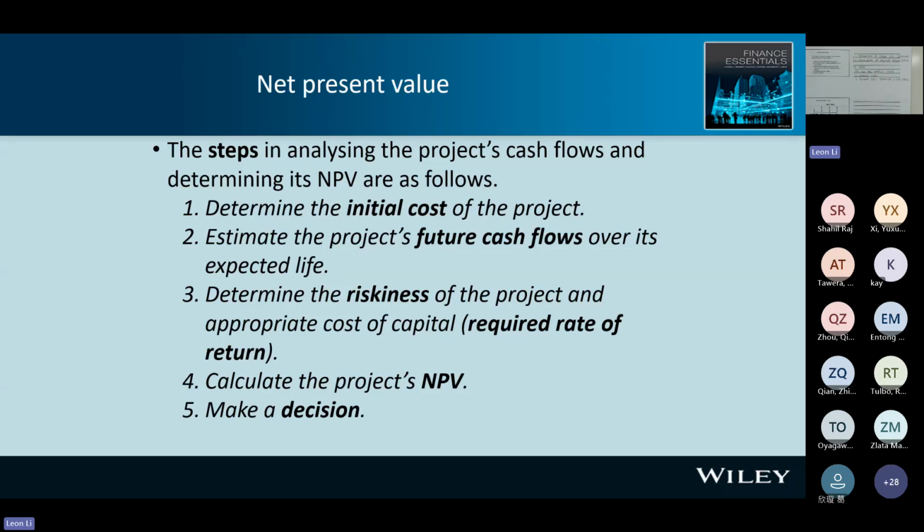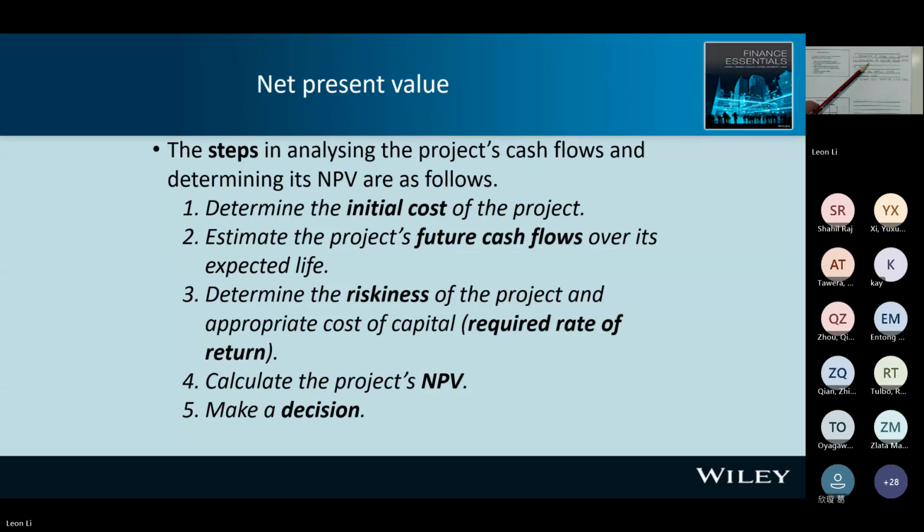If you want to understand more, you can refer to our 200 level and 300 level finance papers. Take our new medical school: how to estimate the future cash flow of the new project? It's not easy, because we not only consider the tuition fee, you need to consider the side effects, right?